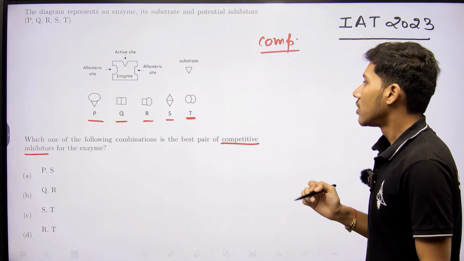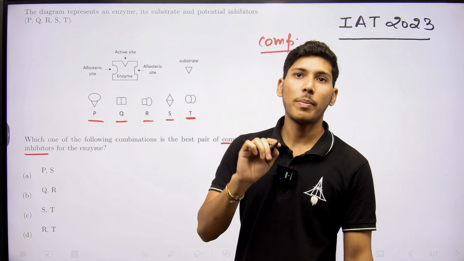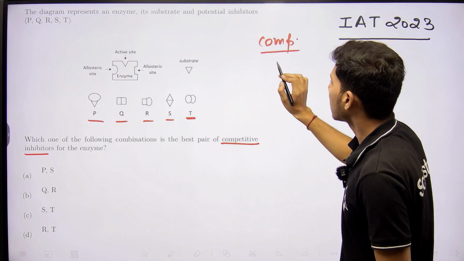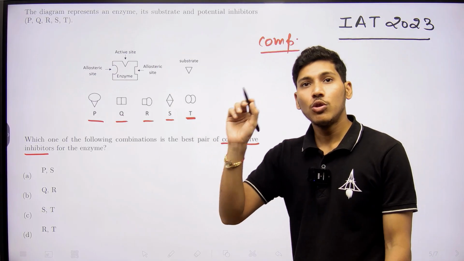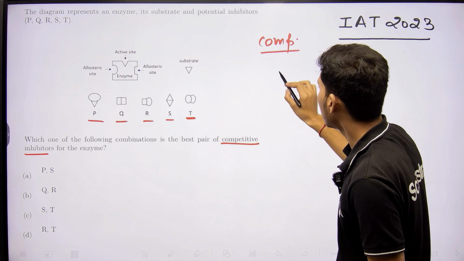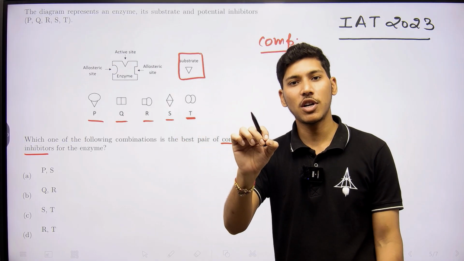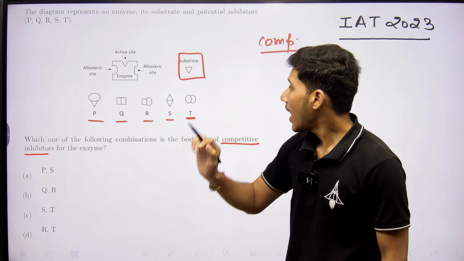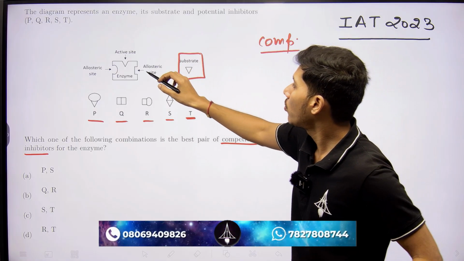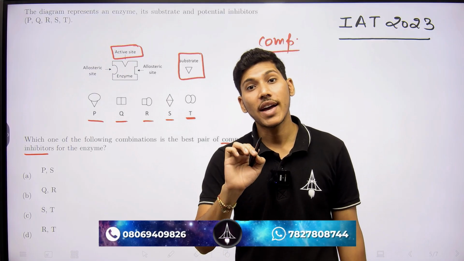In order to solve this question, we first need to know what competitive inhibitors are. Competitive inhibitors are basically those molecules which resemble the substrate, whose shape is very similar to that of the substrate, and they compete with the substrate to bind with the active site of the enzyme.